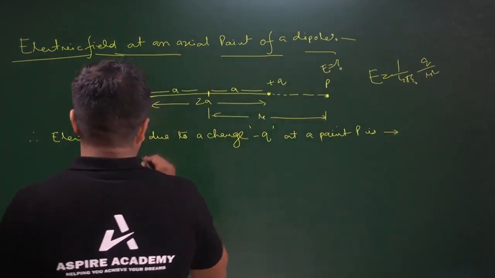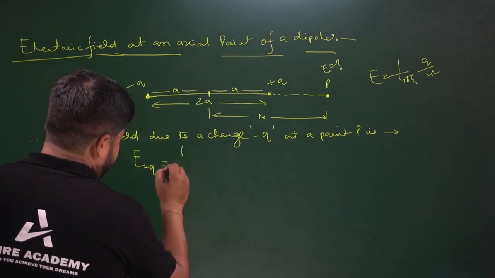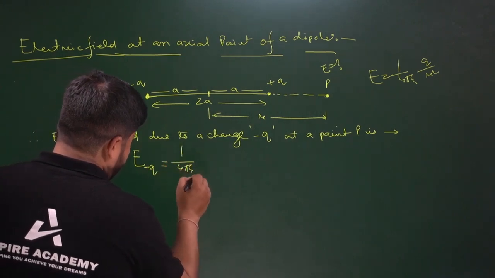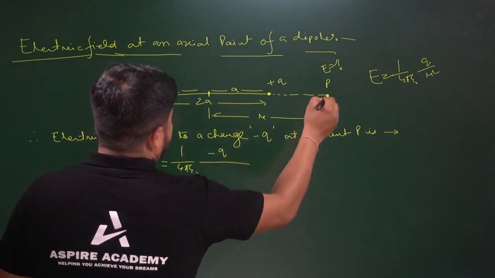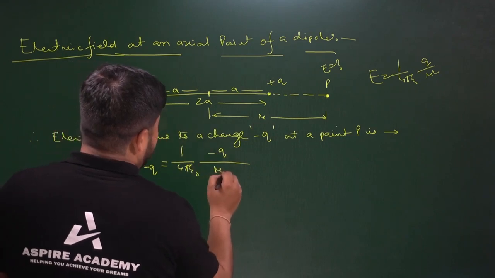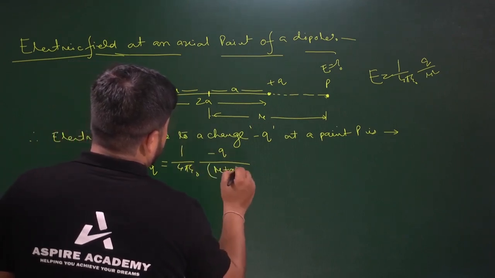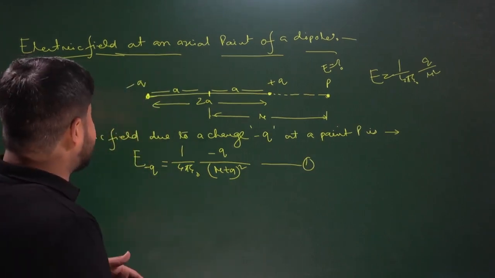So E minus Q is 1 by 4 pi epsilon naught, minus Q by r square, where r is the distance from here to here. So this is r, this is a, so r plus a whole square. Any confusion?